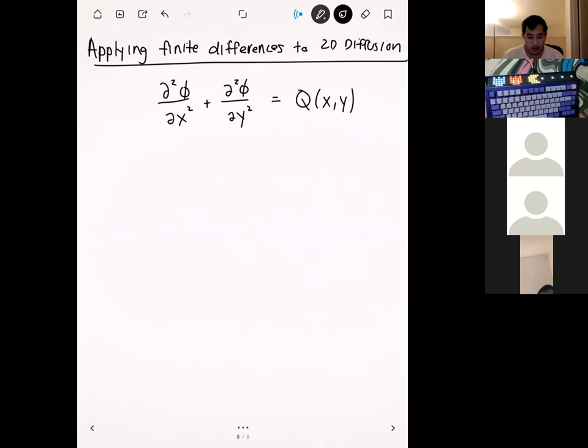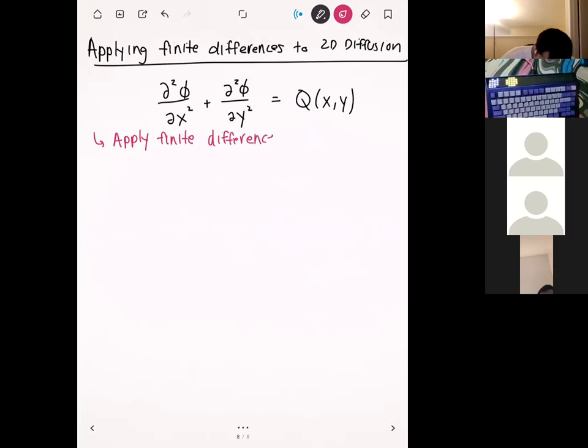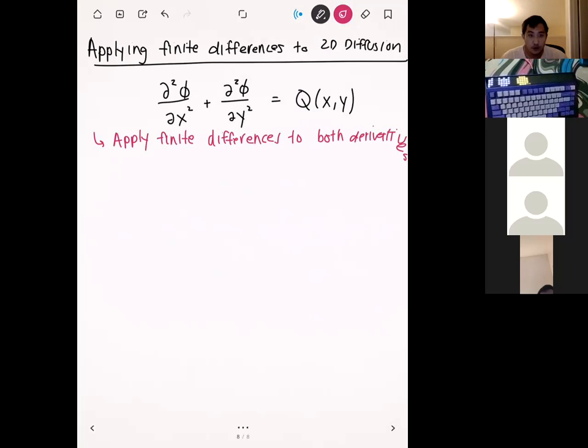What we're going to do from here is apply finite differences to both of these derivatives, keeping in mind that even though they're both second order derivatives, they're taken in different directions. Let's start with partial squared phi partial x squared.